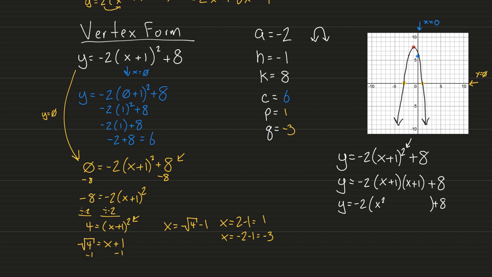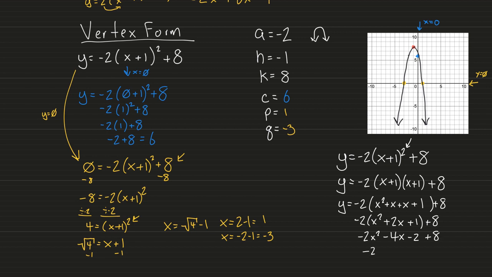Let's see what we get. We get x squared plus 1x plus 1x plus 1, which is going to be x squared plus 2x plus 1, plus 8. We have negative 2x squared minus 4x minus 2 plus 8.